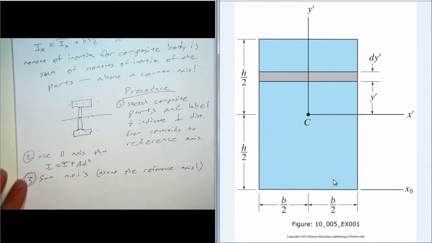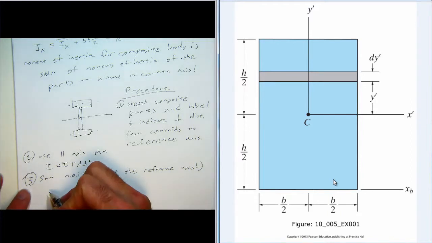And like whenever we were working with centroids, sometimes with composite bodies, it's convenient to work with a void or a hole, and in that case, that has a negative value in the sum.